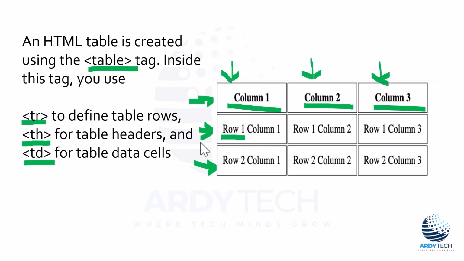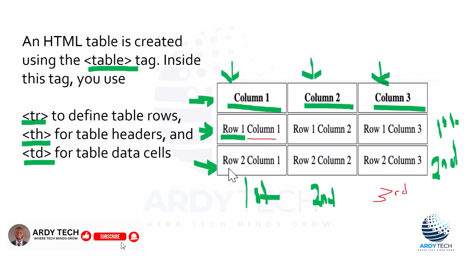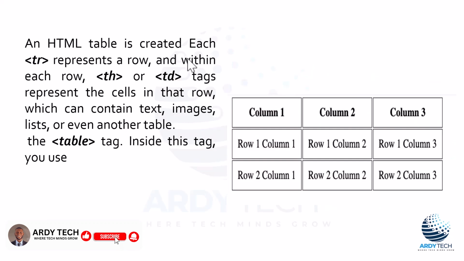So it simply means this is the first row, okay, and this is the second row. So this is the first column, second column, and third column. So that is why you are seeing row 1 column 1 here, then row 2 column 1.